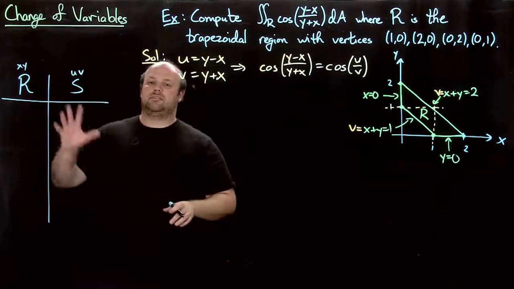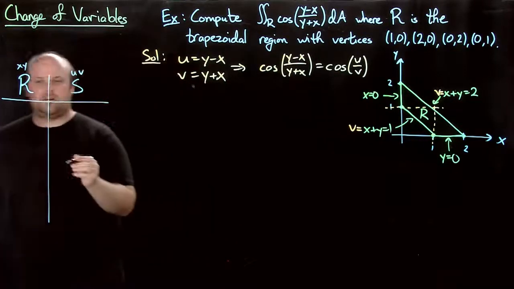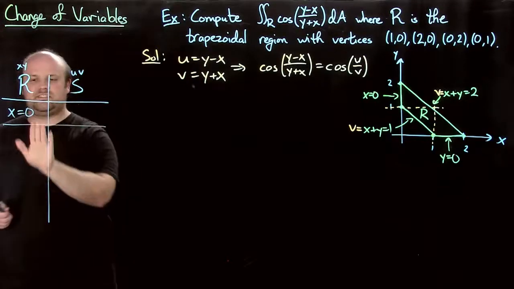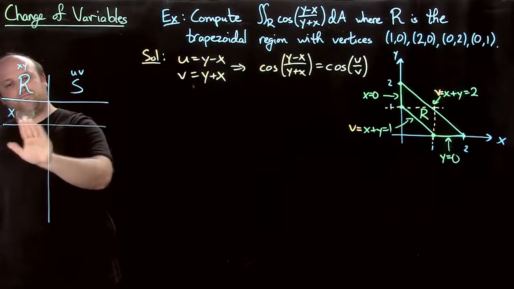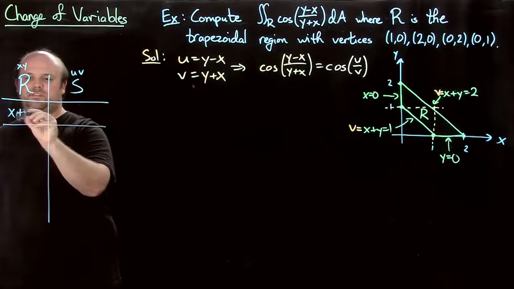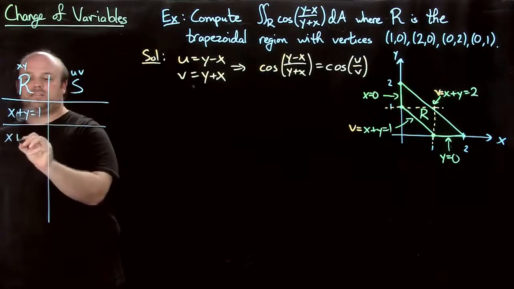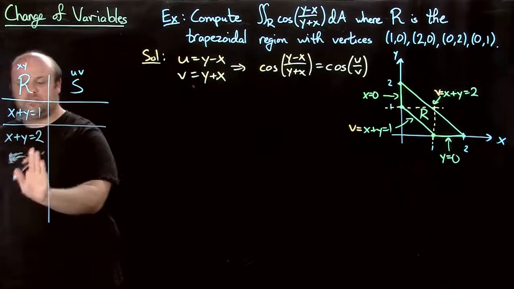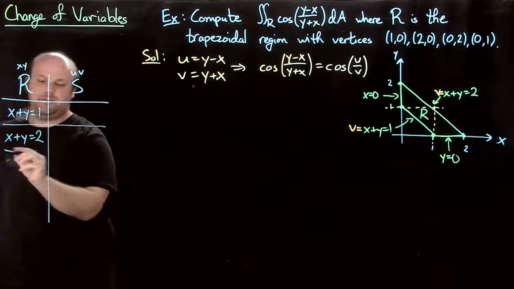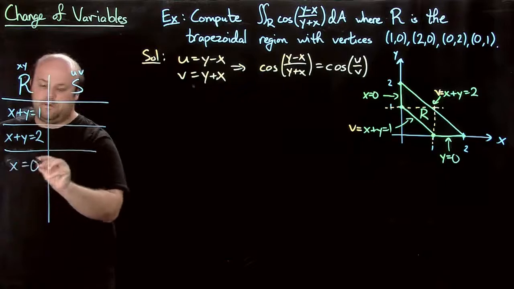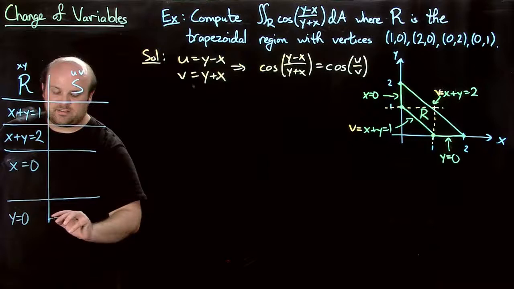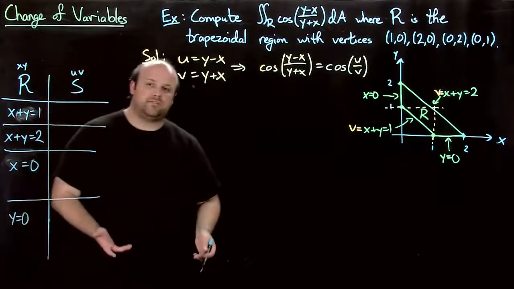Let's start with the easier ones: x plus y equals 1, x plus y equals 2, then x equals 0 and y equals 0. We want to ask, what happens to each of these?